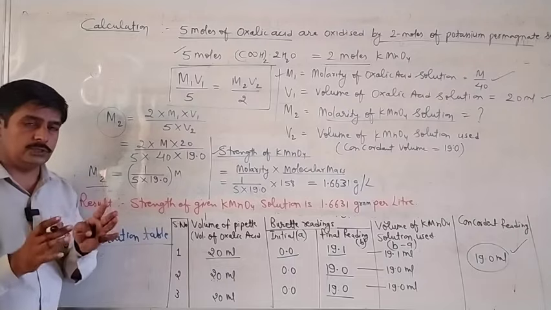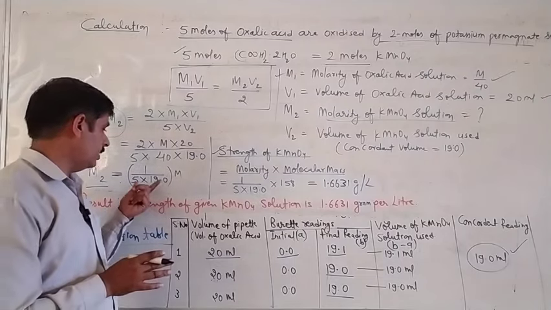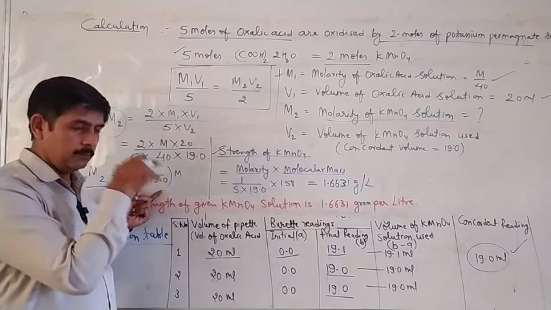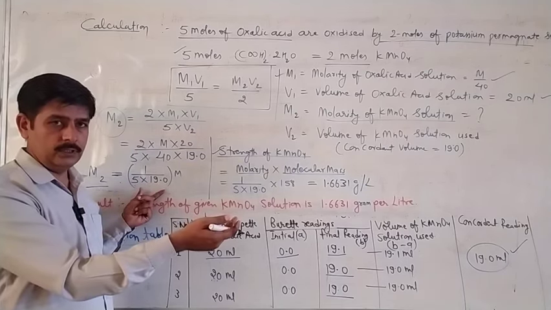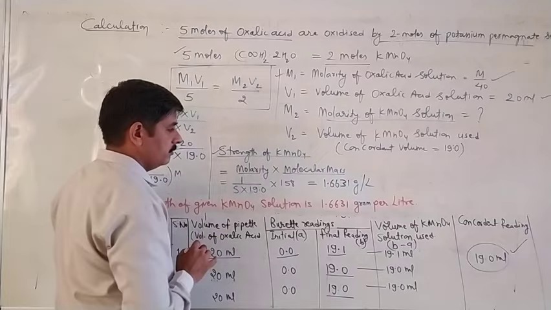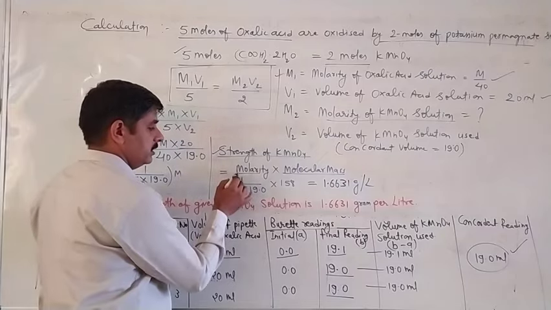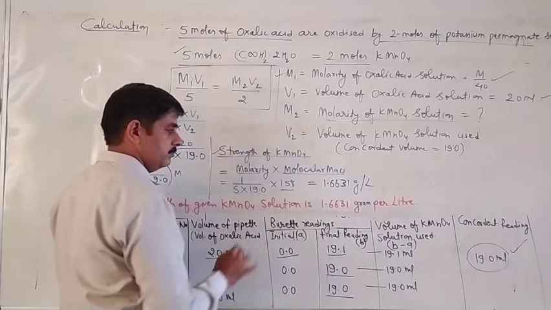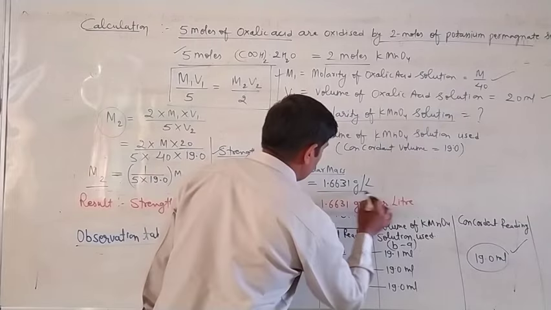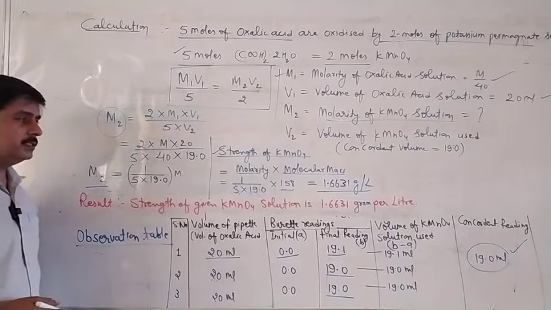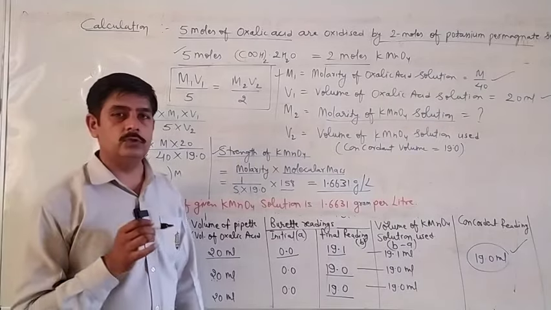If molarity is asked in the question, then you have to solve it up to 4 places after the decimal. Now place the molarity here, the molecular mass is 158, just multiply them, and you will get 1.6631 gram per liter. This is the strength of the KMnO4 solution.